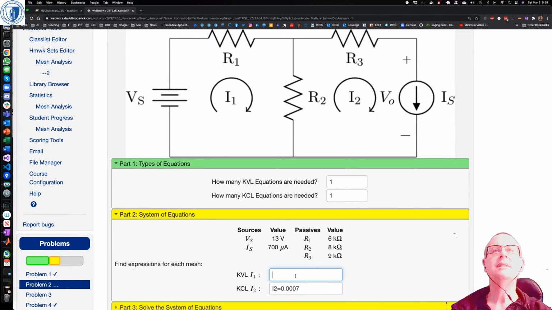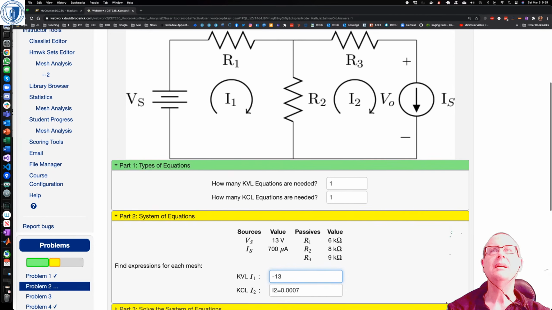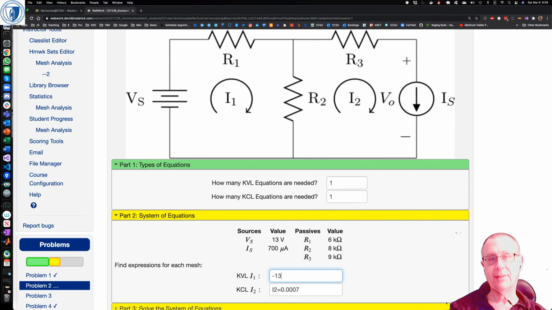And the KVL for I1 is minus Vs, so it's minus 13, plus 6,000 I1 plus 8,000.